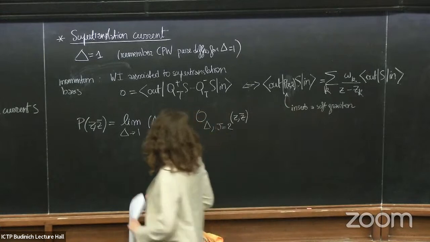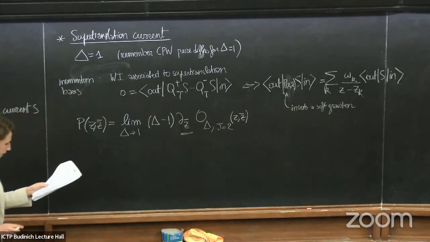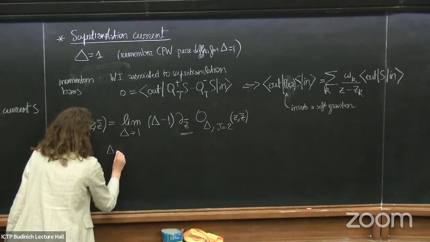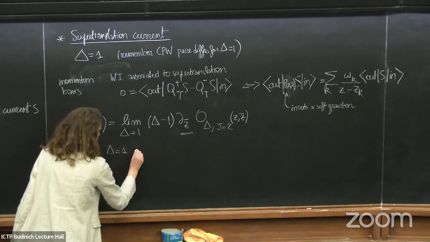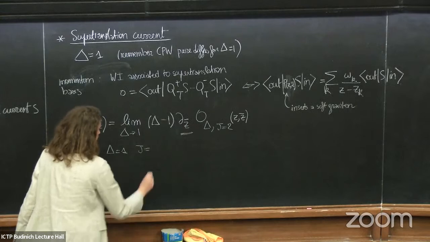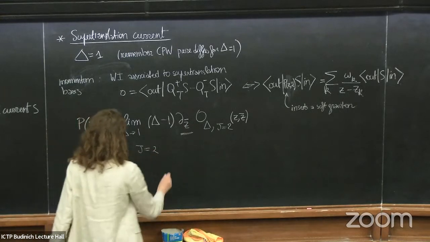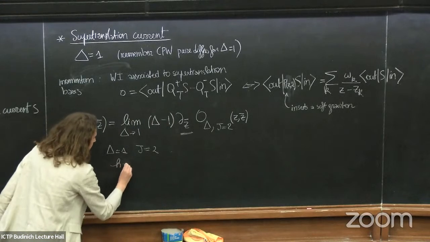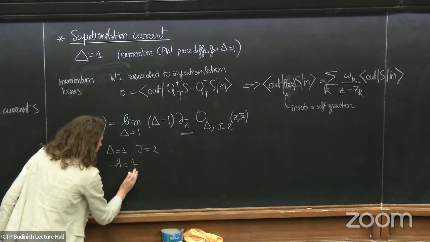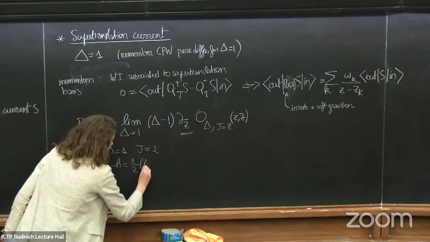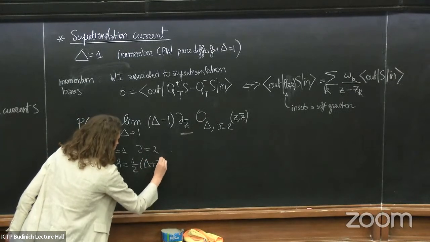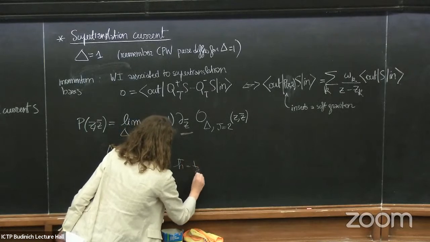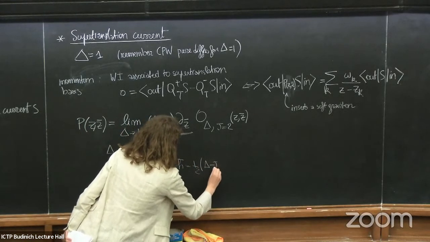And so we can count the weights of this object. If delta equals 1 and j, the helicity, is 2, I can equivalently write in maybe a more familiar form in terms of h and h bar. So h is half of the sum of these things, h bar is half of the difference.